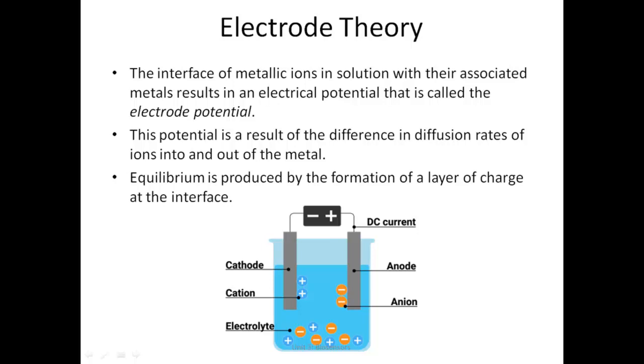This potential is basically a result of the difference in the diffusion rate of ions into and out of the metal, and at some point an equilibrium is produced with the formation of a layer of charge at the interface.